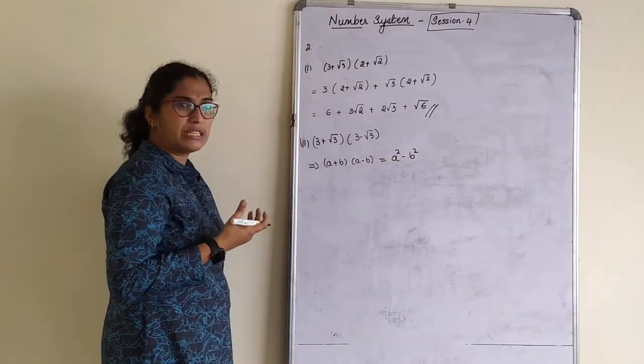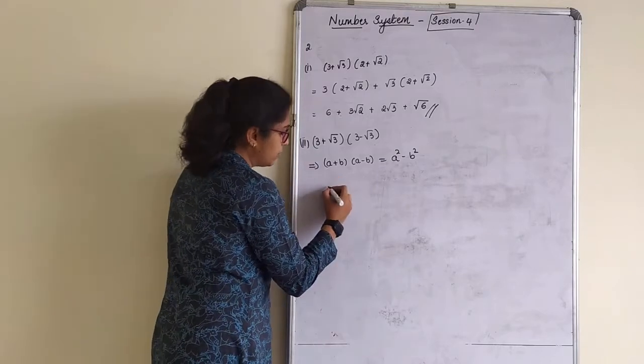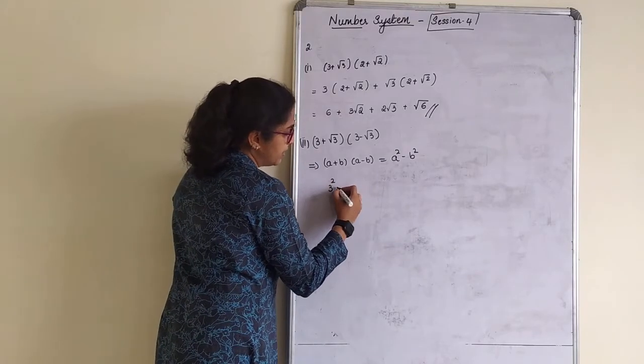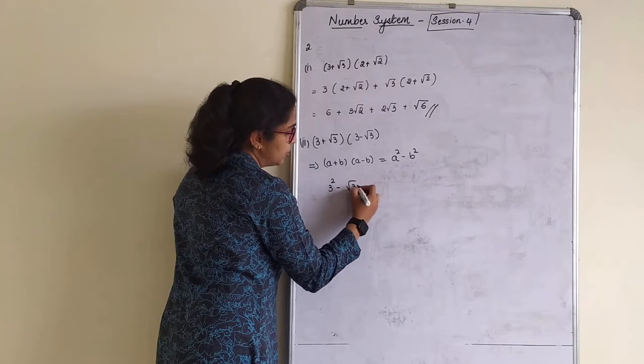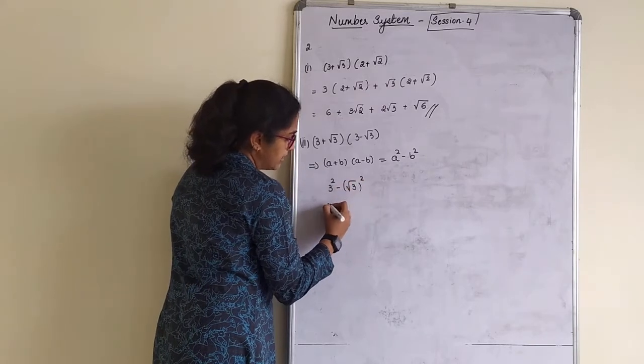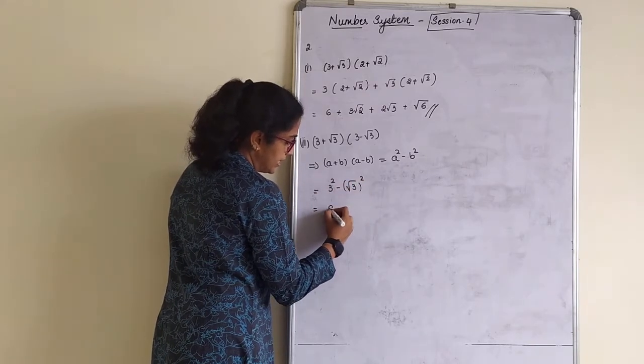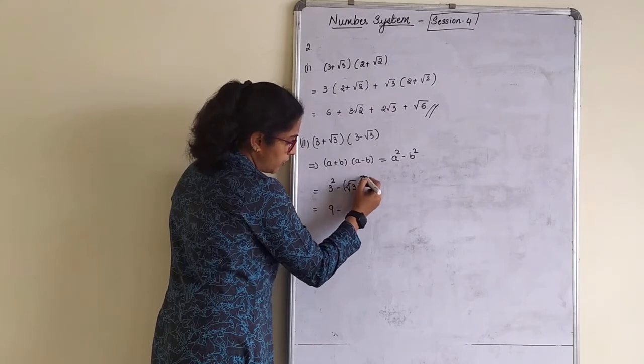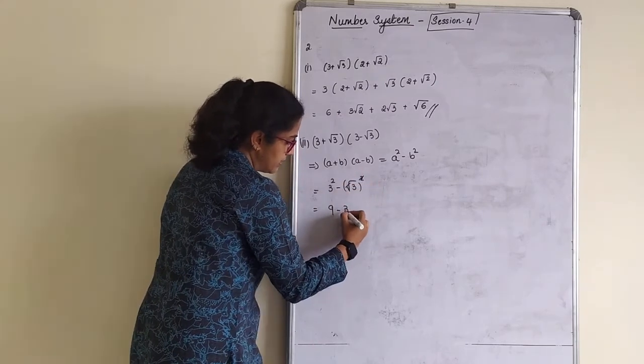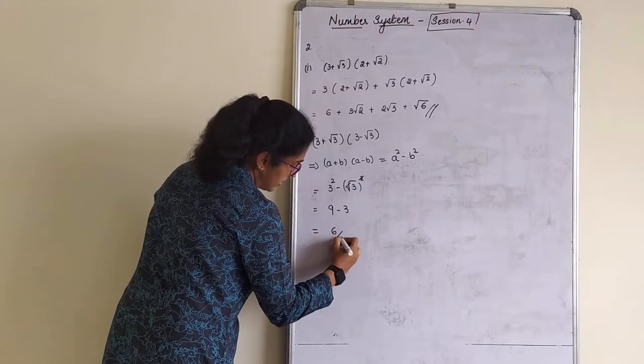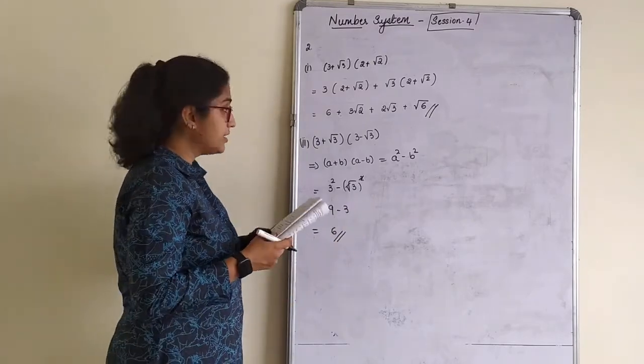So don't write what is a, b, not required. Directly you can write here: 3 square minus root 3 whole square. 3 square is 9. Root 3 square, the root and square will get cancelled. It is 3. Answer is 6. Right? Very simple.